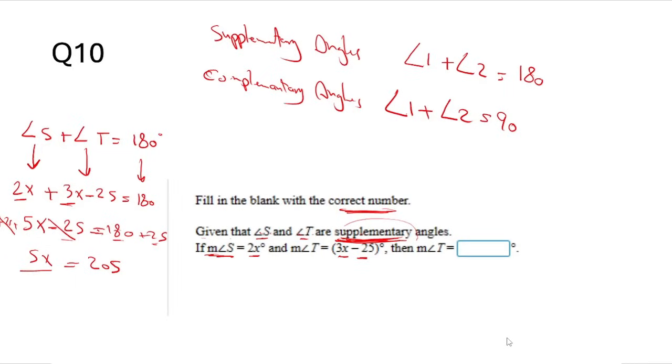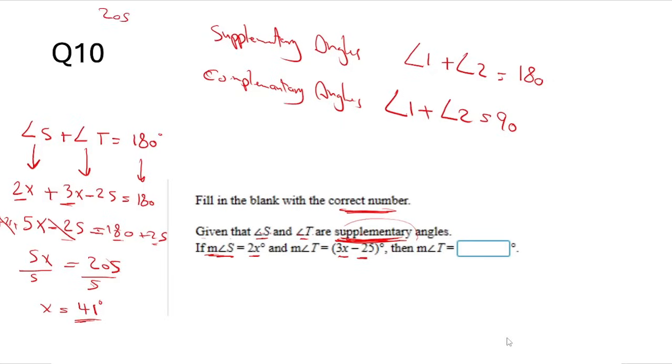To get x, divide by 5, divide by 5. So x will be equal to 41 degrees. Okay, how do we get 41?